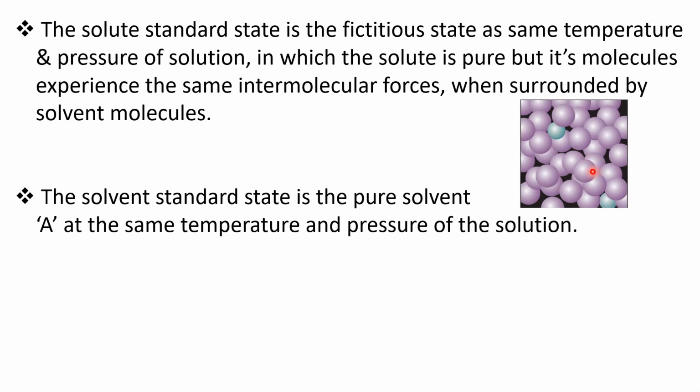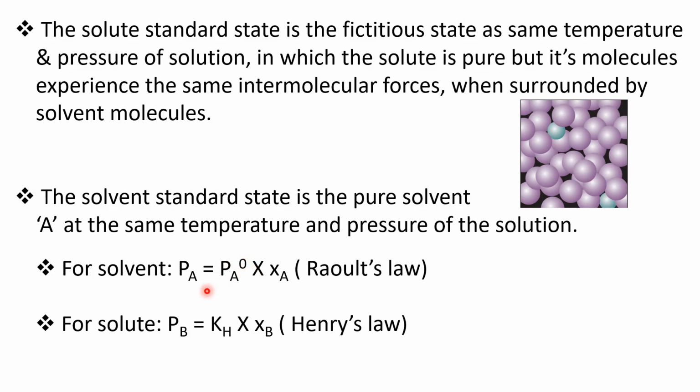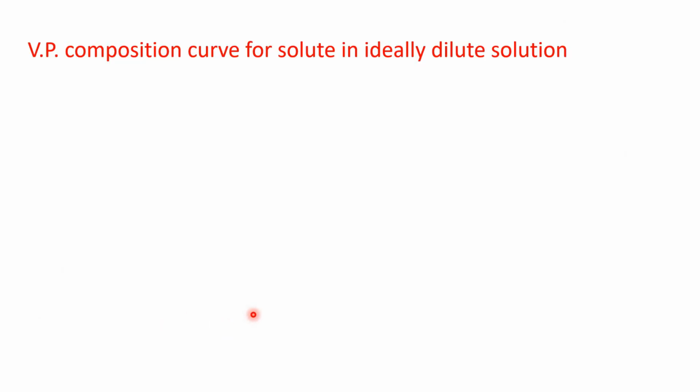So the solvent standard state is the pure state at the same temperature and pressure of the solution. For the solvent, the partial vapor pressure is as per Raoult's law: the mole fraction multiplied by the vapor pressure in the pure state at the same temperature. But the solute vapor pressure is as per Henry's law, that is, mole fraction multiplied by Henry's constant.